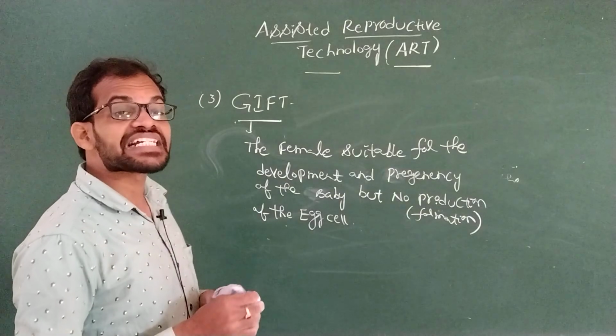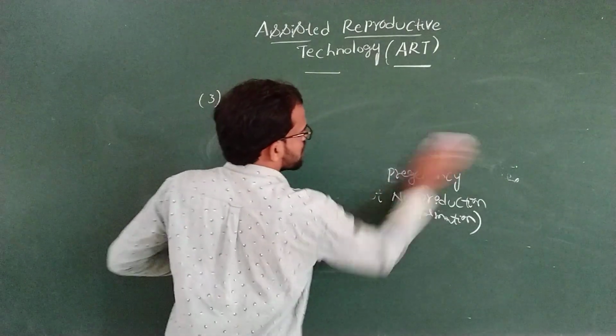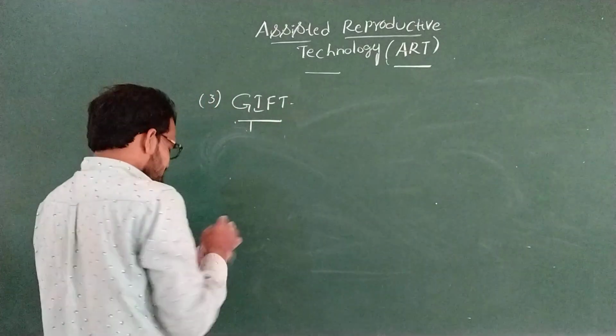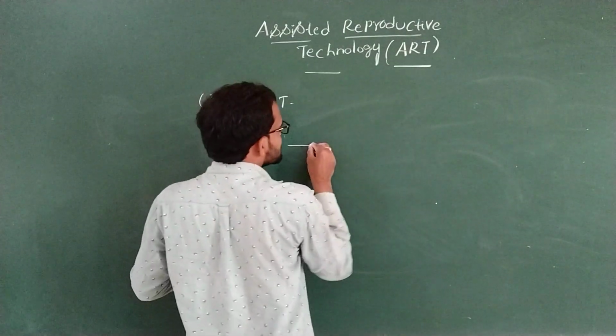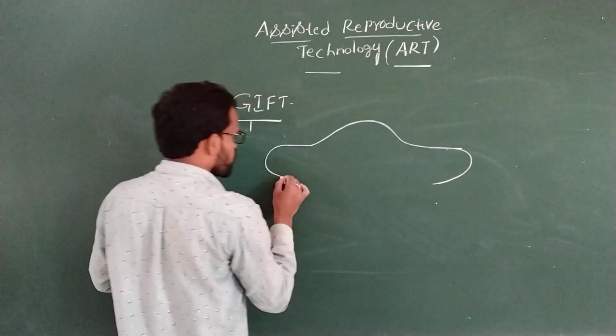That's why the egg cell is collected from the donor and then inserted inside the fallopian tube.